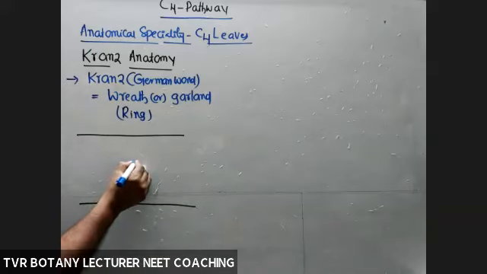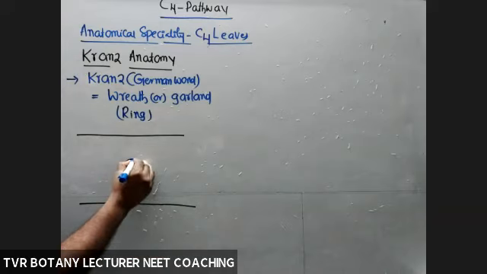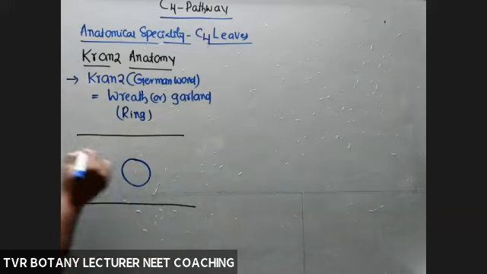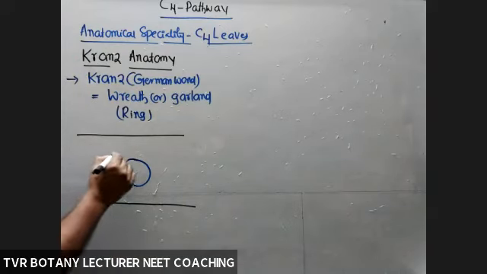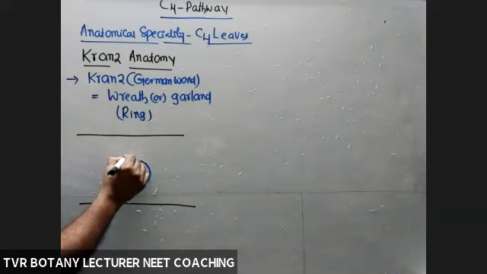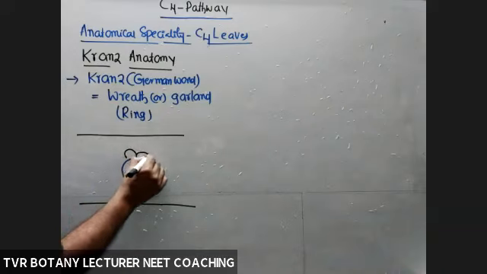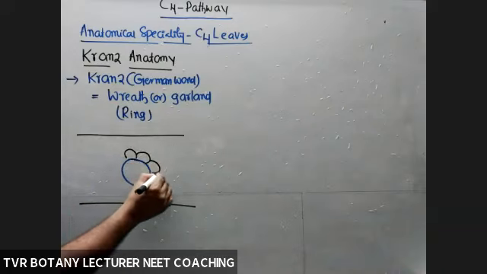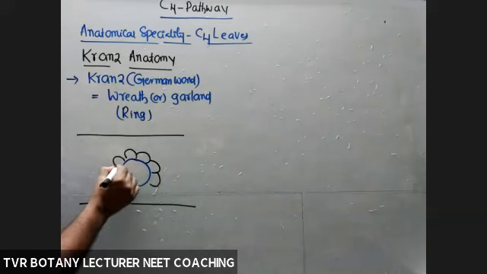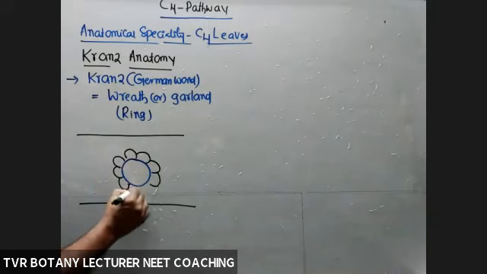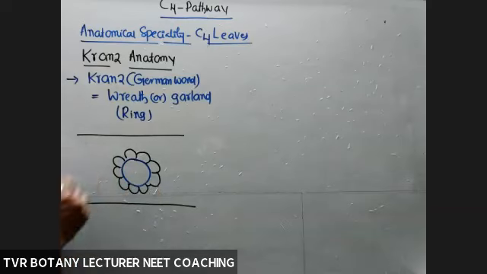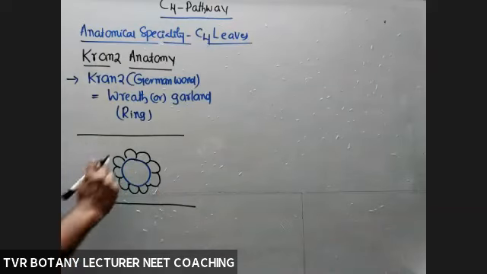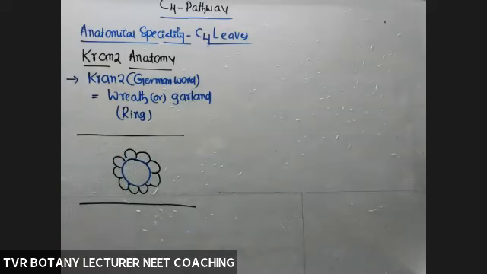This is the main one, the midvein, midrib, simply the middle vascular bundle. Around the vascular bundle, several layers of bundle sheath cells are present, many layered, two or three or four. So what about the arrangement? It looks like a garland, a chain of flowers, or not? A ring-like arrangement.